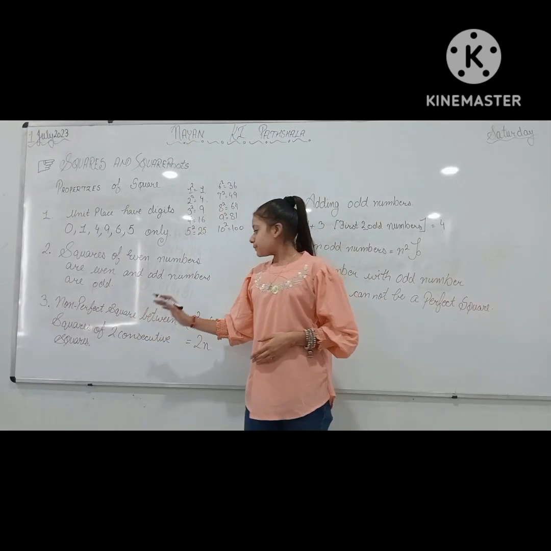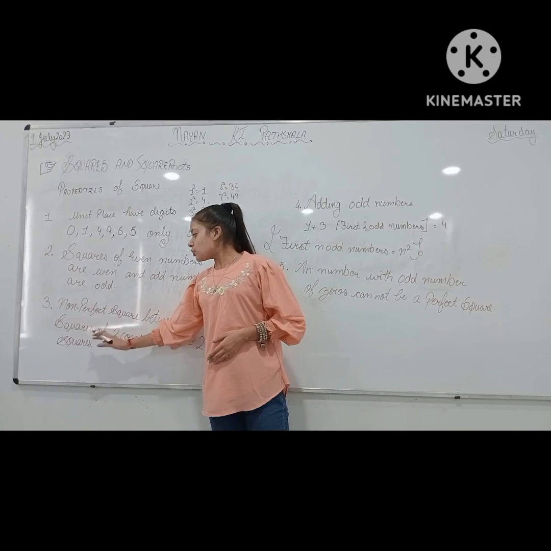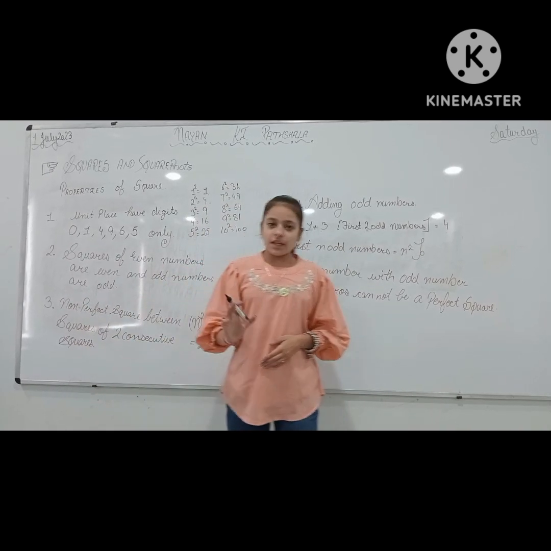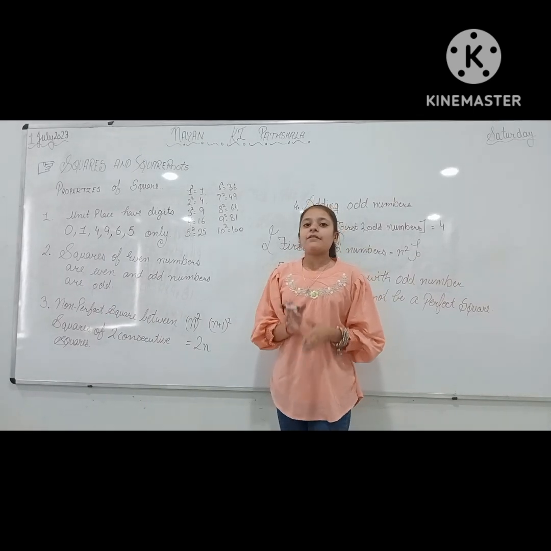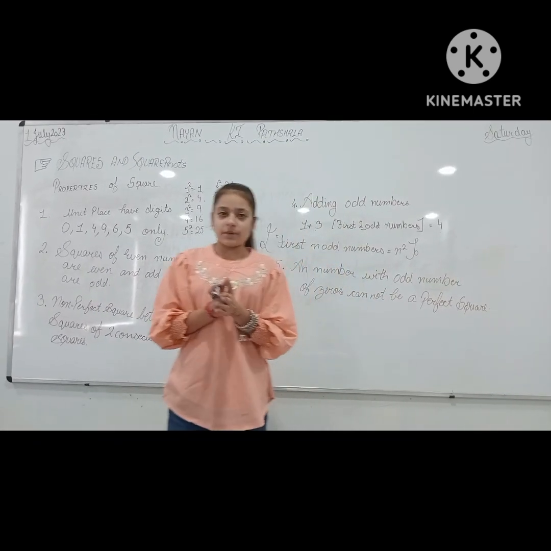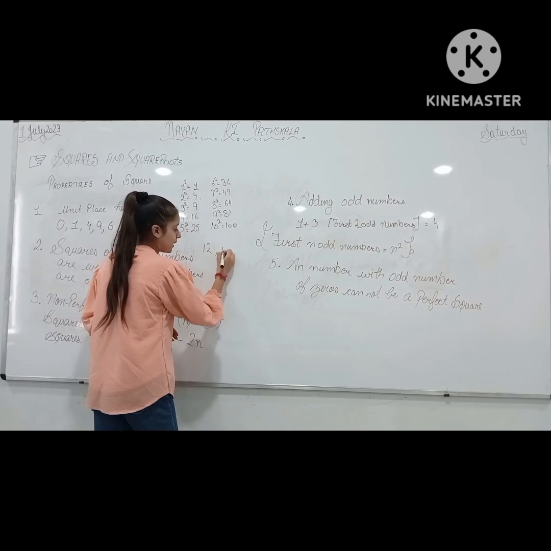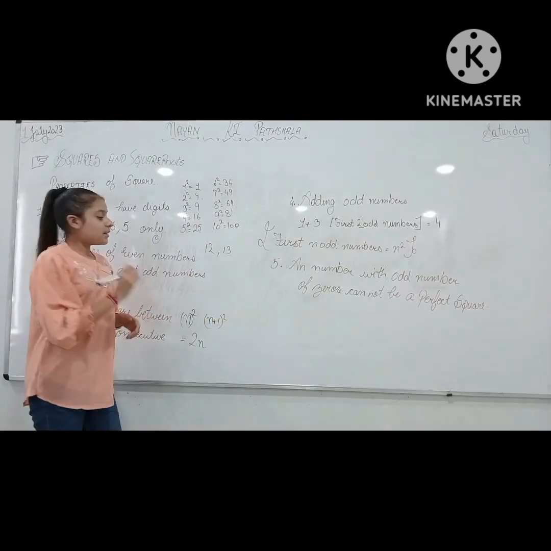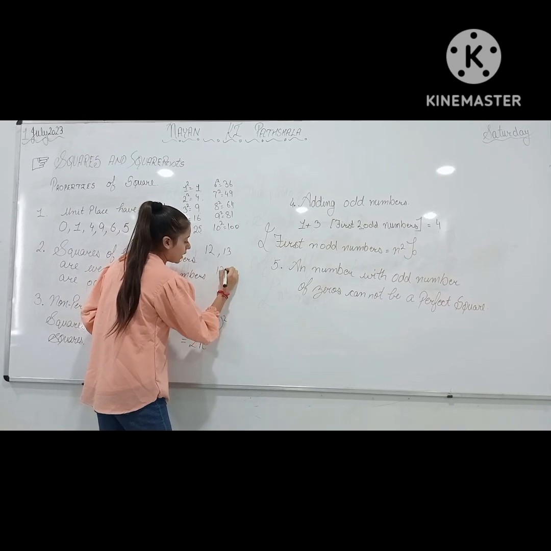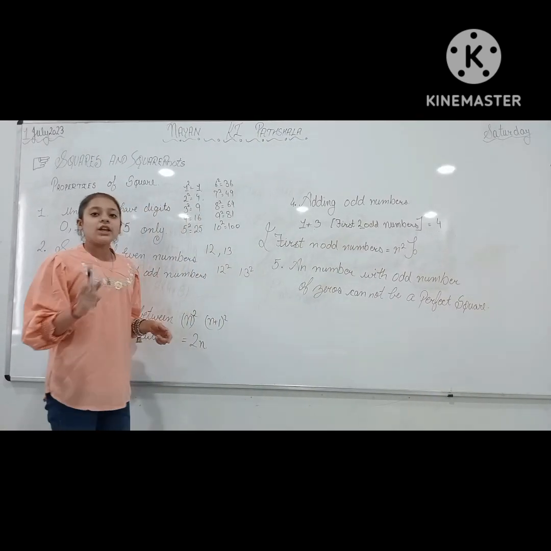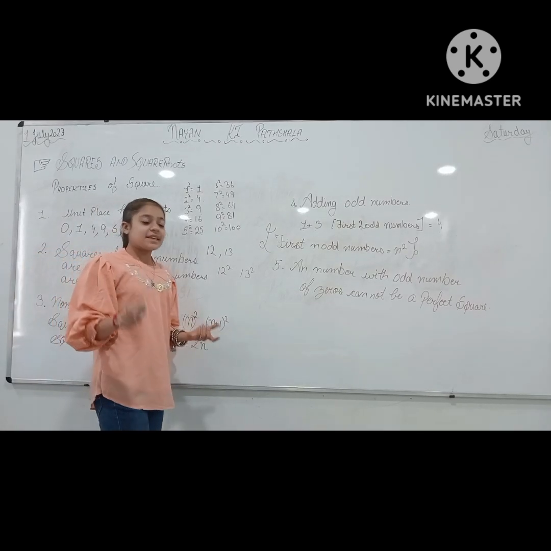Non-perfect squares between squares of two consecutive numbers. What does it mean? It means that if we have two consecutive numbers, such as I am taking 12 and 13, then between the square of 12 and 13, how many non-perfect squares will exist?